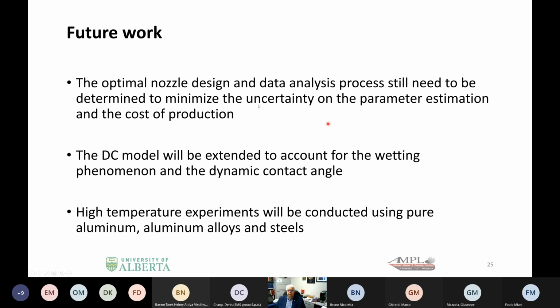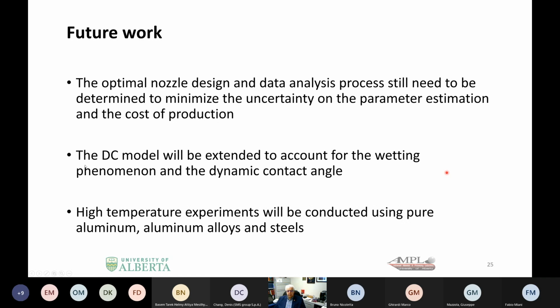We still need to minimize the uncertainty of the parameters. By choosing the optimal design of orifice, we're basically minimizing the error in getting the three property values: density, viscosity, and surface tension.